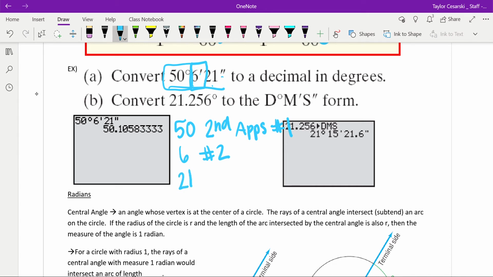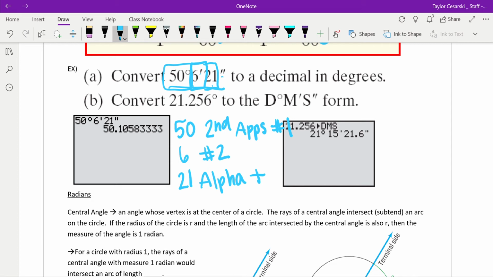Then you're going to type in 21. And then here's where it gets tricky because they couldn't make it easy. That is not under the second apps menu. So you have to hit alpha plus, and that's where you get the quotation marks. And I messed up for a second, so here we go.